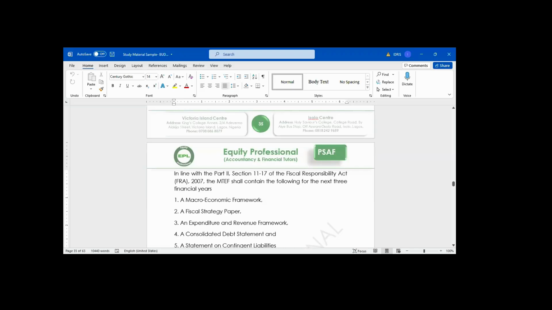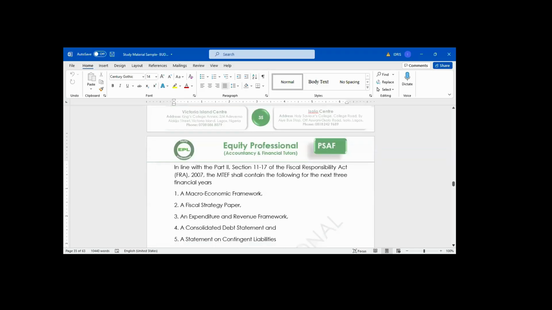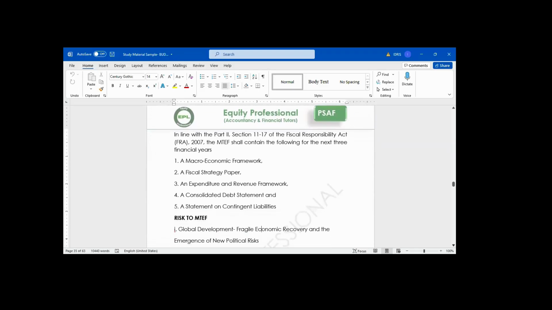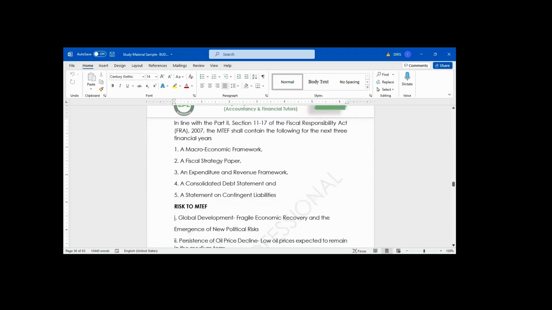So all these are what? The macroeconomic framework. Consolidated debt statement means what are the public debt we want to collect in the next 3 years? The projection of the debt we want to collect in the next 3 years. That is consolidated debt, public debt.